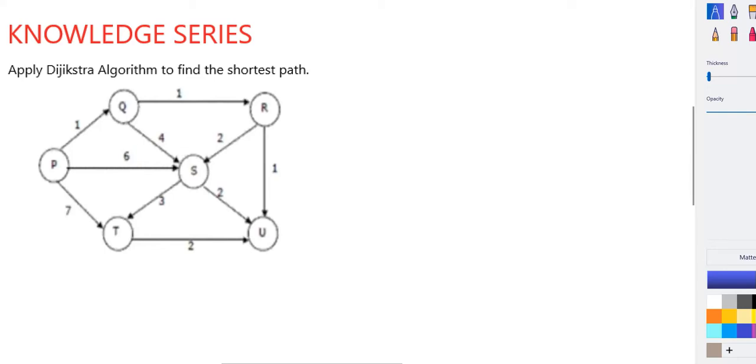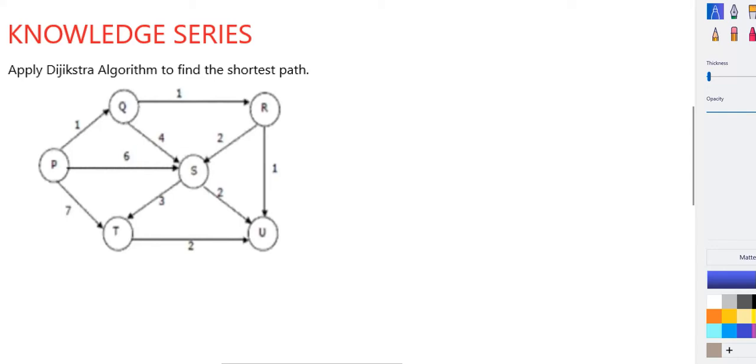Of course, it has not been highlighted, but you can try to visualize and guess which is the starting node and the destination node, over which you have to find the shortest path. Now, if you see over here, looking at the arrows from the node P, or the vertex P, all the arrows are emerging out.